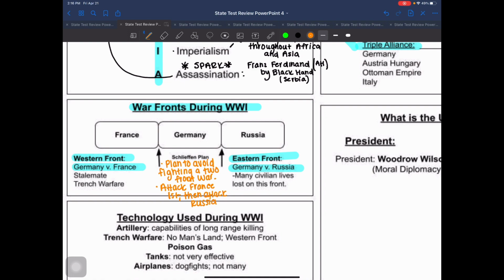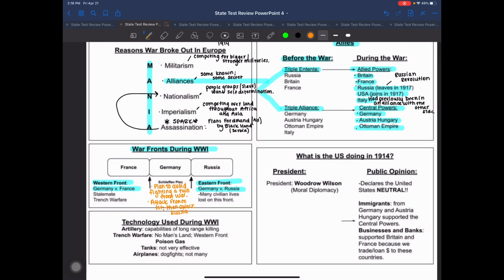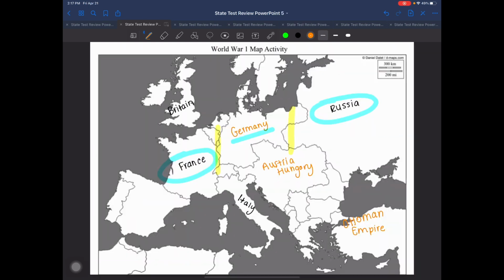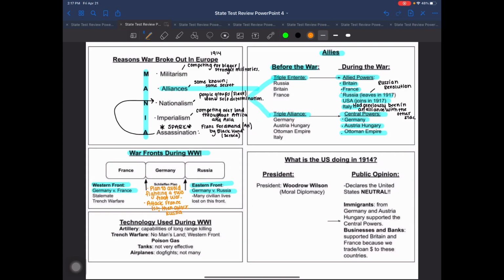And this is actually a good plan because Russia is the least industrialized nation that's going to be fighting against Germany. So it's actually going to take them a little while to what we call mobilize or get ready for war. So here's their plan. Germany going to attack France first, and then they will attack Russia.